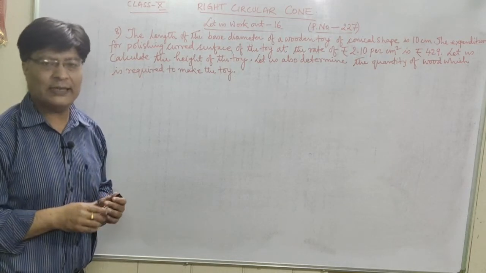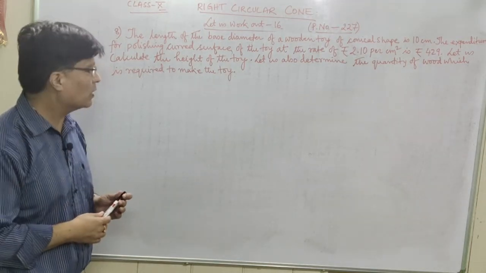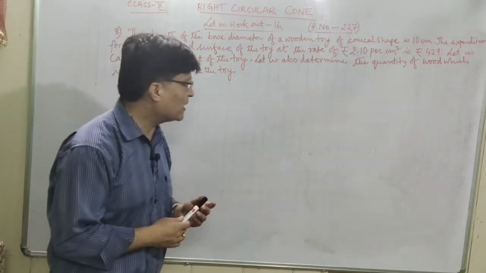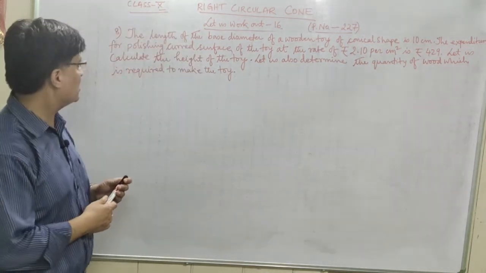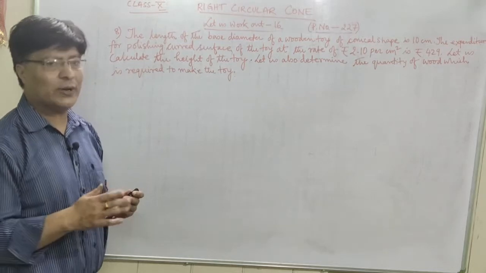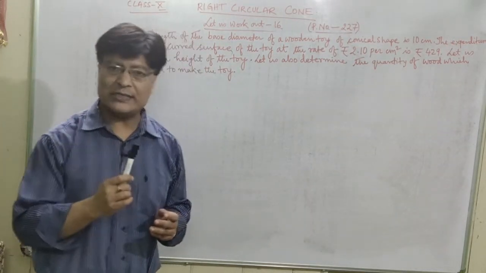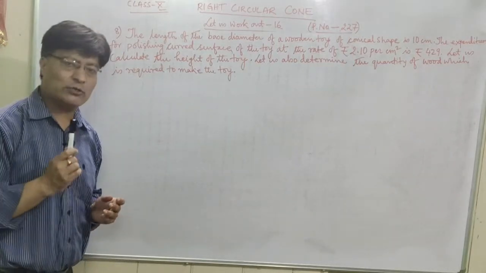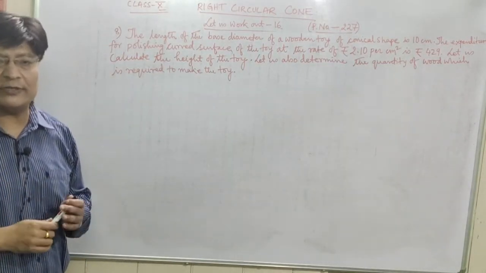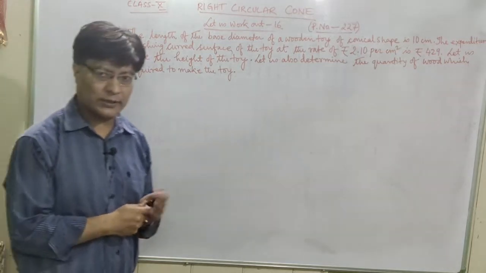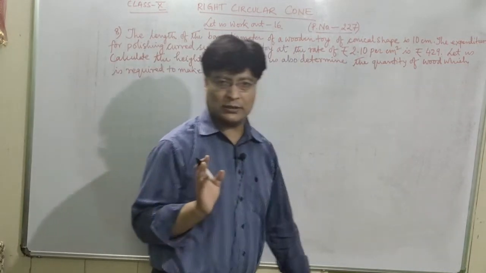You have to find out the height of the conical toy. Also you have to find out the quantity of wood which is required to make the wooden toy. That is, you have to find out the volume of the wooden toy. So I think you have understood the question.